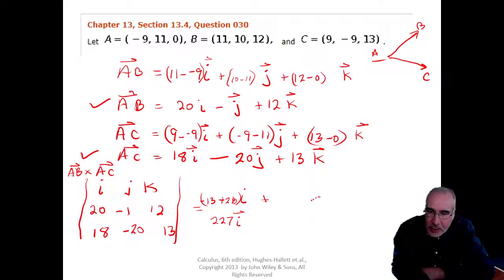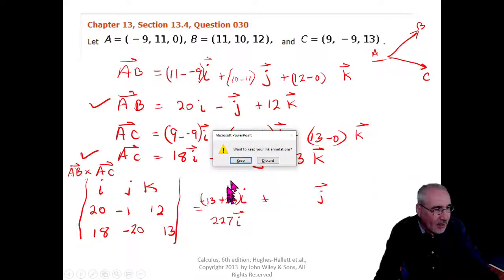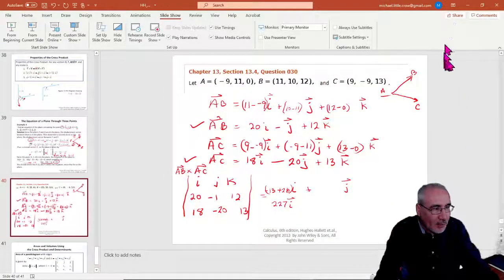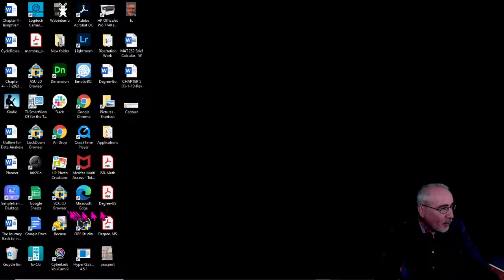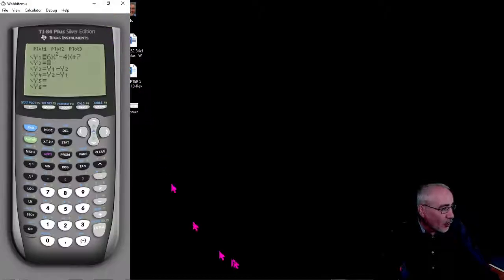So for the J component, again, we do the cross products, but remember, this is the one that's kind of backwards. We start with K, so we go 12 times 18. We have all these larger numbers. I could do it with my handheld calculator, but the problem is when I make a mistake, as often happens, you don't know that I made the mistake.